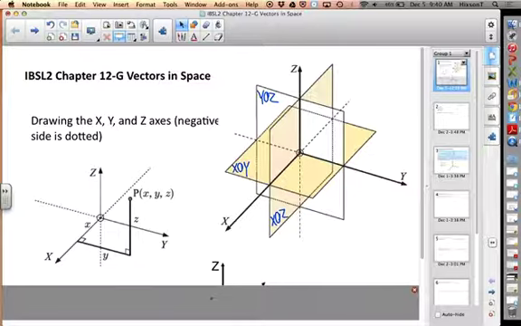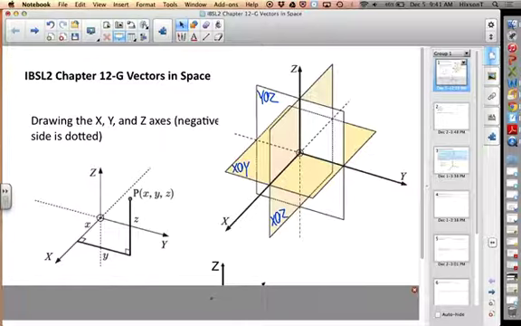Okay? And the three planes that are formed, if we look at the origin as point O. We have here YOZ, that whole plane.